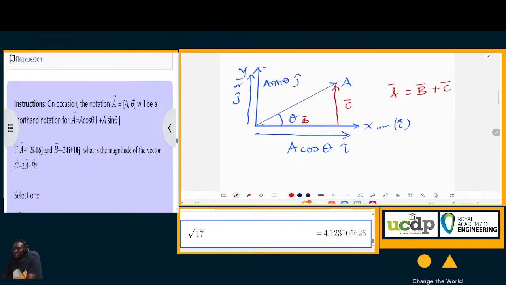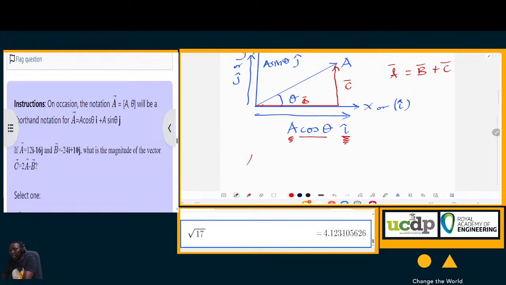In terms of the magnitude, the magnitude of B is still A, but it has a cos theta component and it is in the direction of the x.